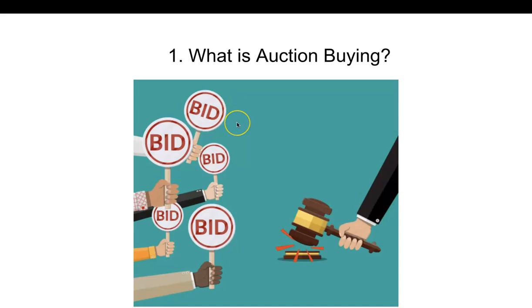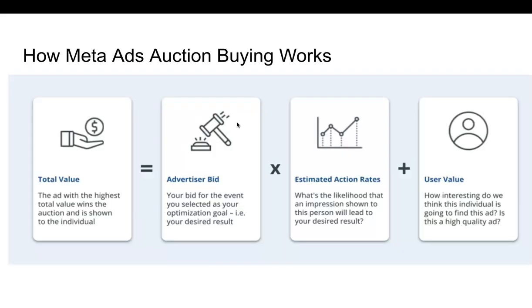So, starting out with first, what is auction buying? Auction buying is the default and most likely to be used buying type on Facebook. So, how does this work? Each time someone scrolls through their feed, Meta holds a real-time auction to decide which ad to show.